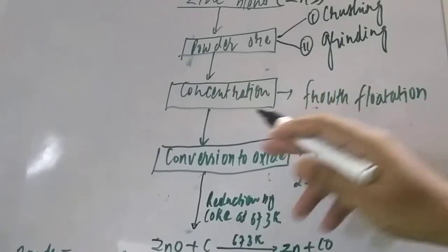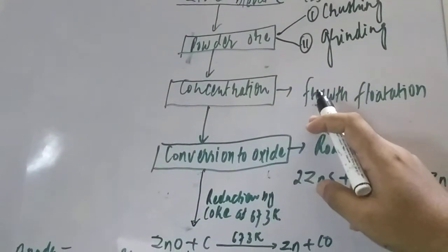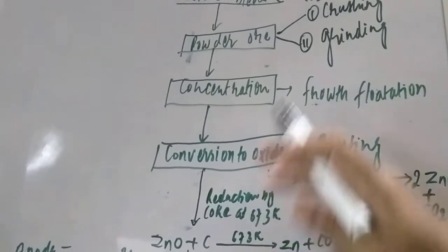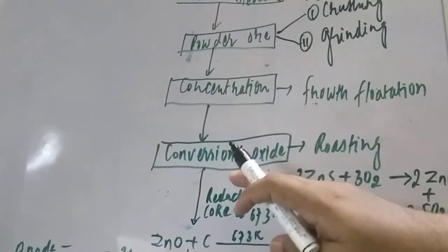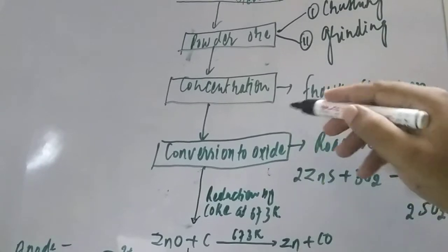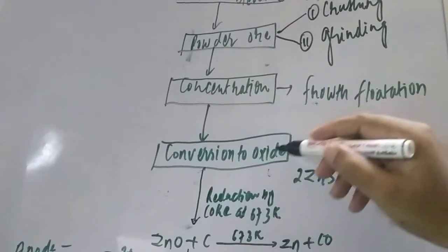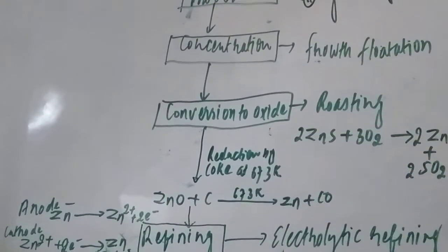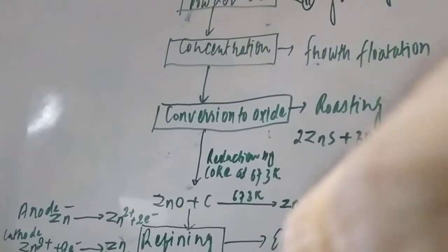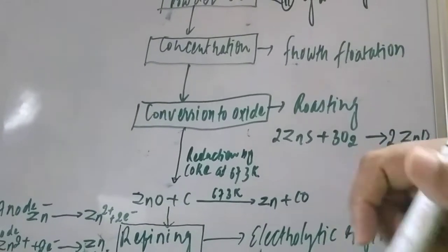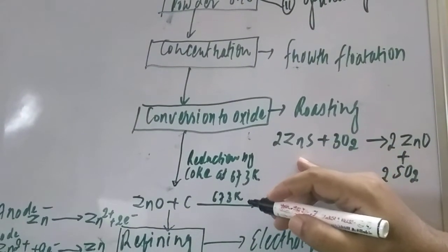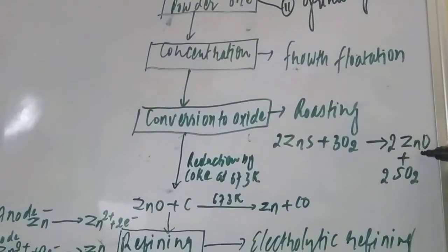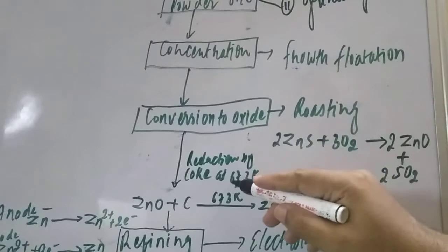This powdered ore goes for froth flotation concentration. I already made a video on froth flotation, and from this you will get the concentrated sulfide ore, ZnS. That ZnS we convert into oxide ore with the help of roasting. If we roast it, heating ZnS in the presence of oxygen, we get zinc oxide, and the zinc oxide is reduced with the help of coke.